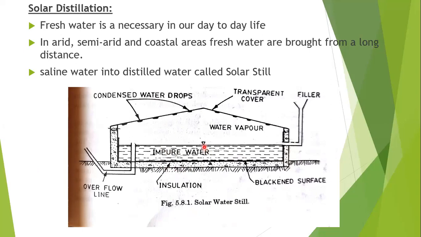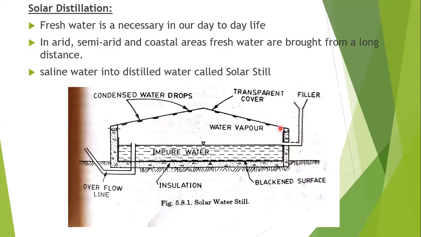Here the impure water gets vaporized due to the heat of solar radiation, and the vaporized water is pure. If the vapors are made into liquid form again, we get pure water. These are the condensed water drops. The water vapors will form water drops here, and these water drops are collected.